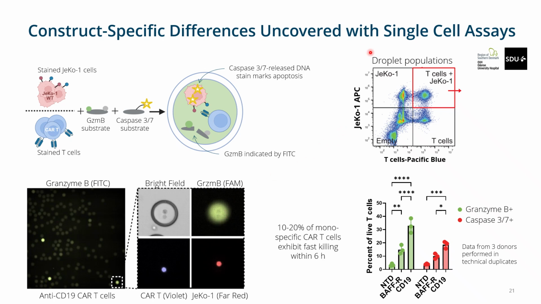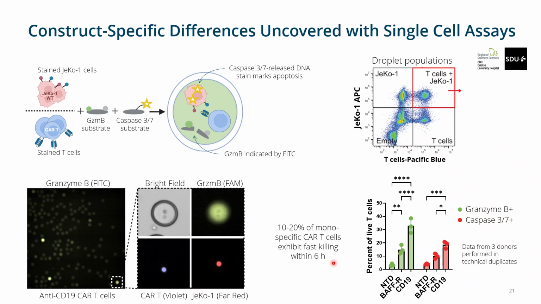And the flow cytometry, of course, is mostly interesting here to look at the co-encapsulations. So I'll focus on this. And so some results down here looking at both the BAFF-R CARs and the anti-CD19 CARs.